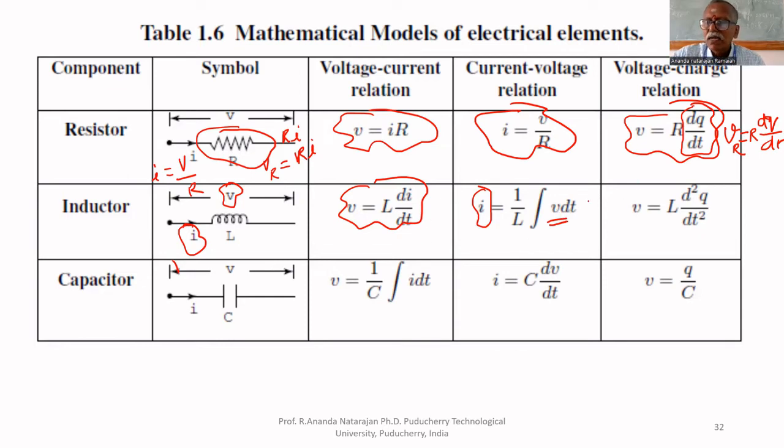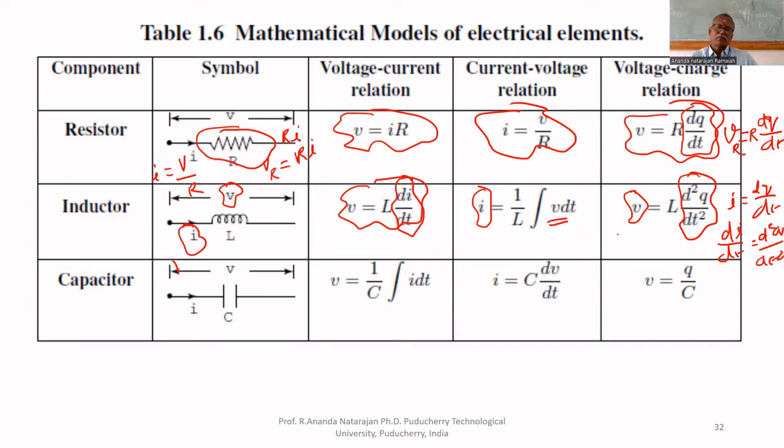If you consider current I equal to dq by dt, then di by dt becomes d square q by dt square. Therefore, voltage across the inductor can be written as L d square q by dt square.